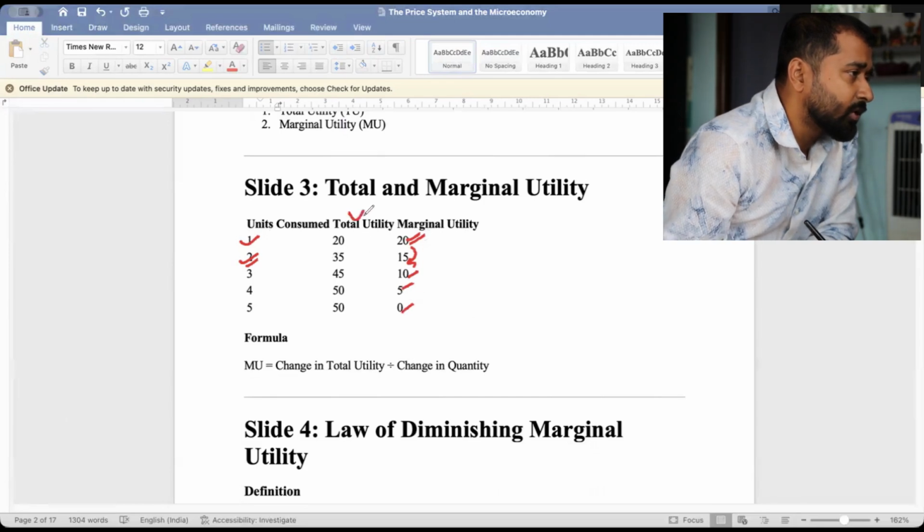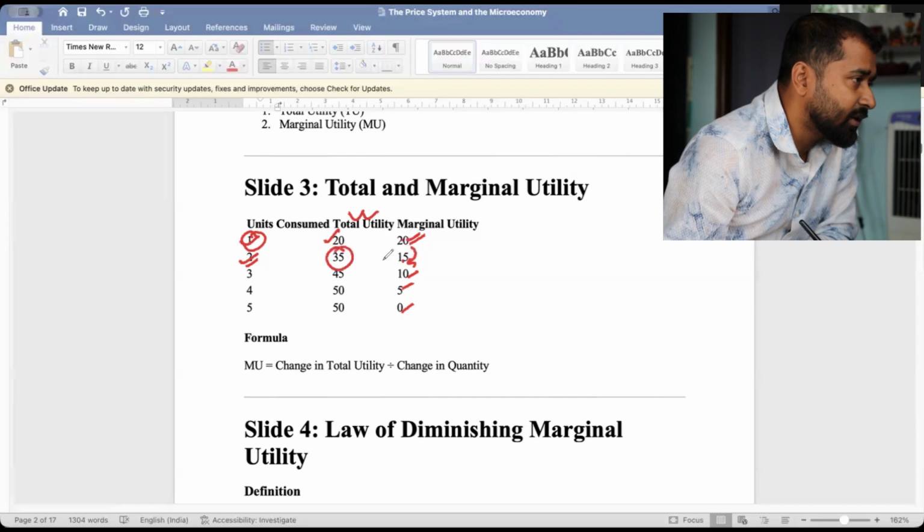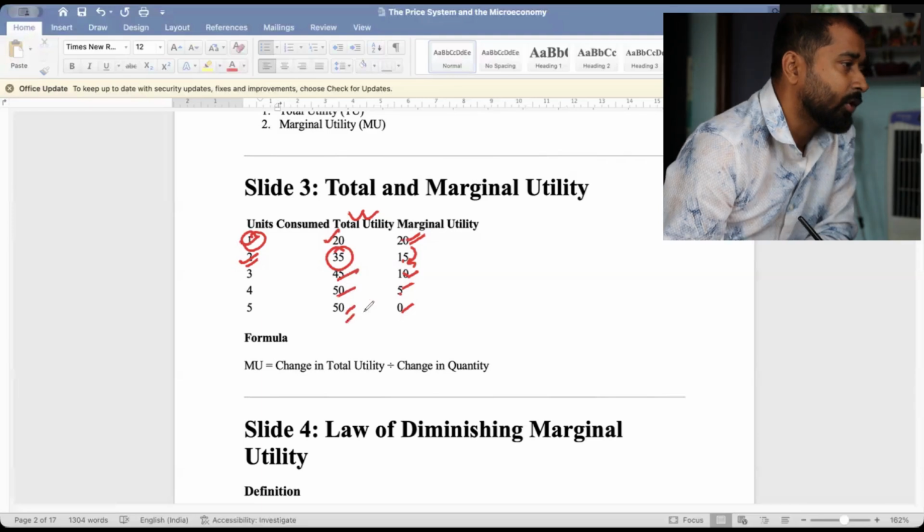So you can find the total: purchasing one commodity, your total utility becomes 20. Again 20 plus 15 is 35. Again 35 plus 10 is 45. 45 plus 5 is 50, and so on.